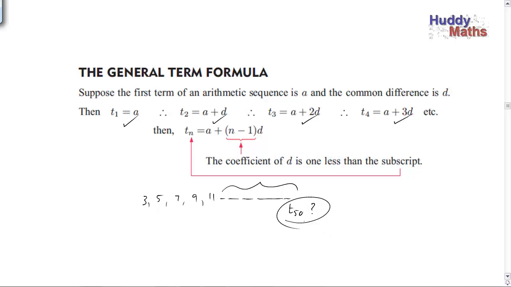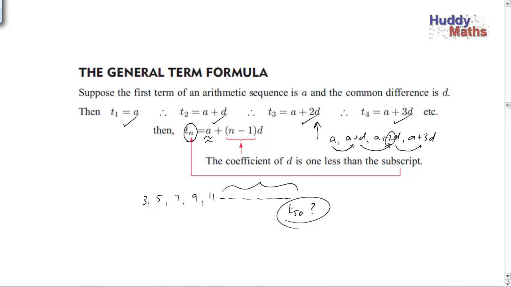So what's the pattern? To get to any term, call it Tn, you have to get the first term and add on. Now, how many Ds? Here we are at the third term. How many Ds have been added? Well, let's just check it. If we wrote this out, it looks like this. Now, the first term didn't have any Ds added because it's the first term. So the second term had 1 D. And the third term has 2 Ds.